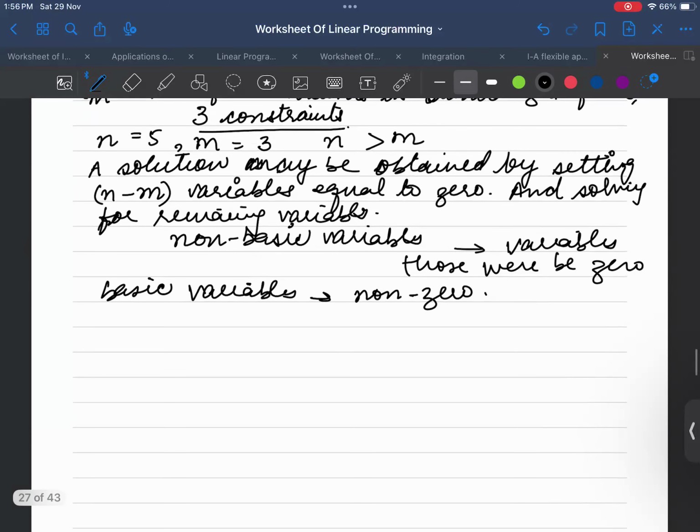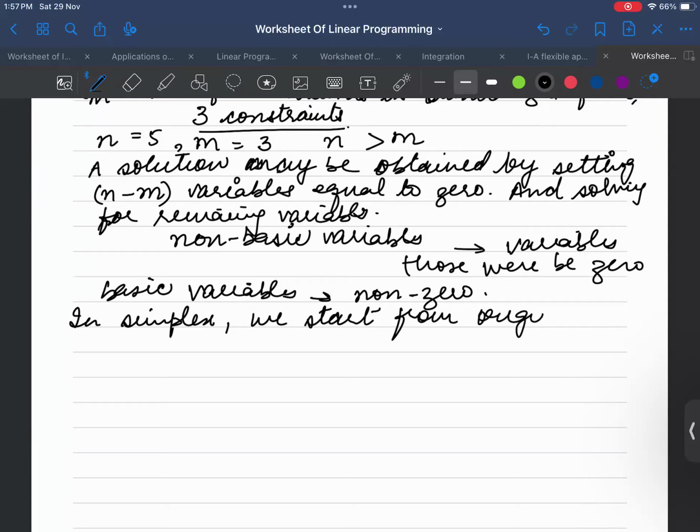Now, in simplex, we always start from the origin.